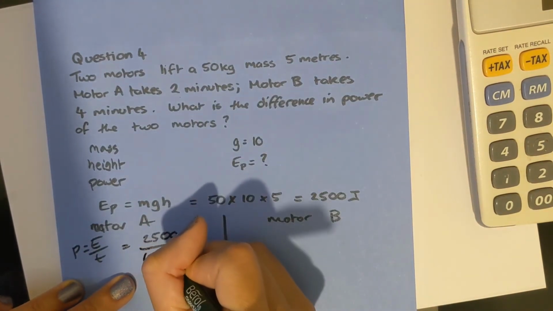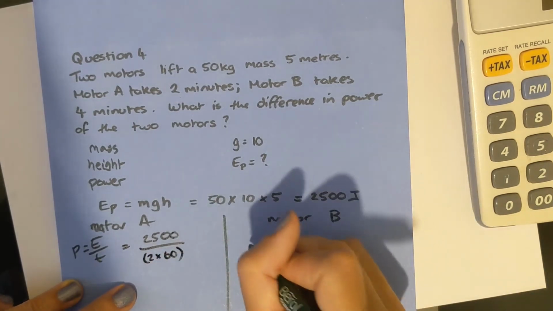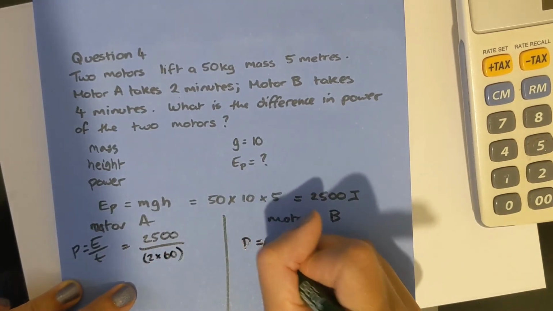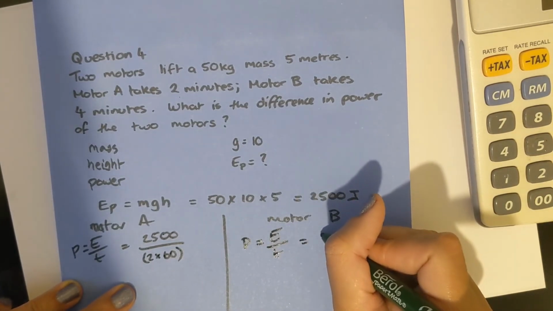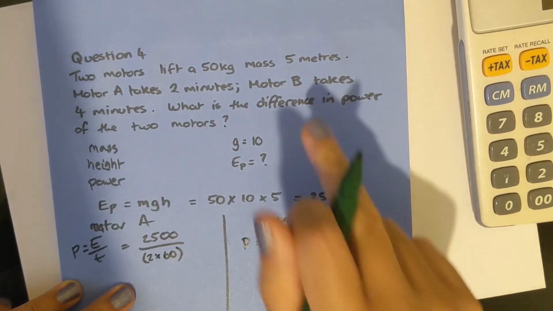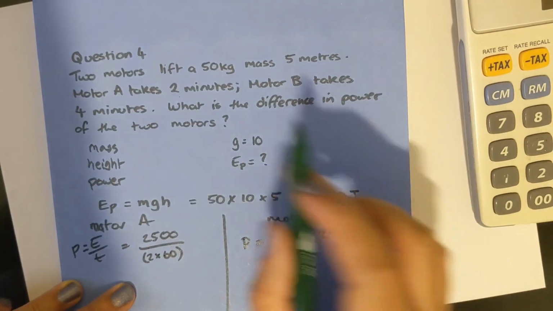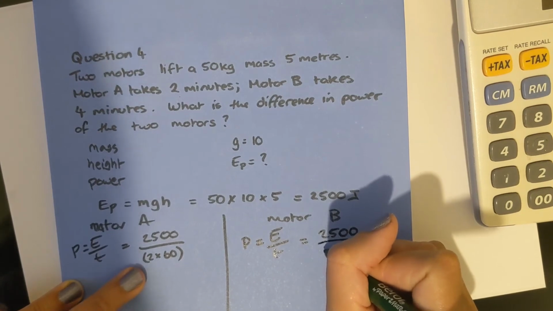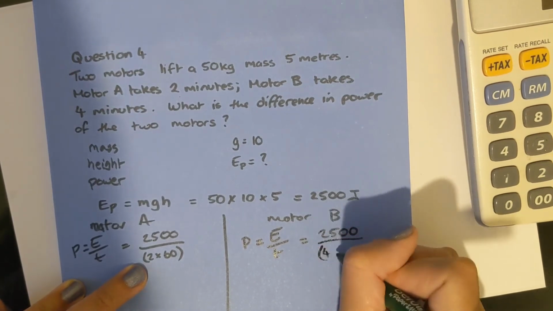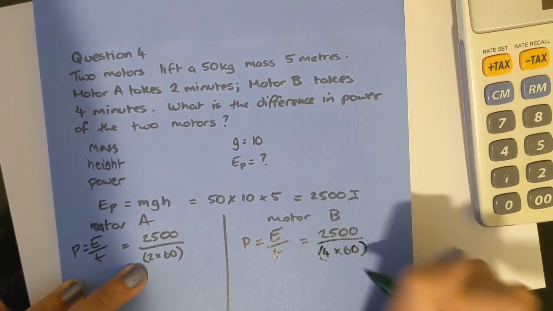So that's 2 times 60. And then motor B, I'm going to do this same stage next to it. Power equals energy divided by time, 2,500, because it's the same amount of gravitational potential energy gain no matter how long it took, isn't it? And then the time is a bit longer because it's 4 minutes, so 4 times 60.